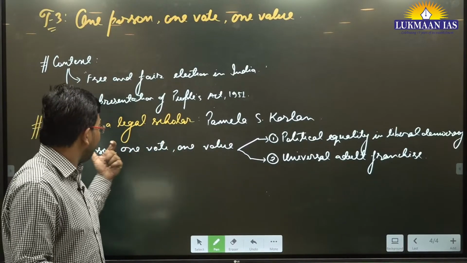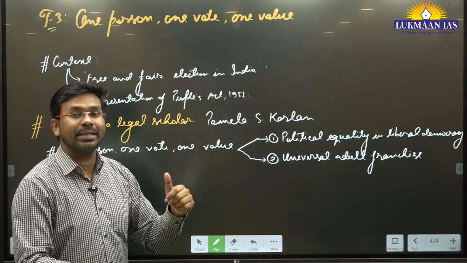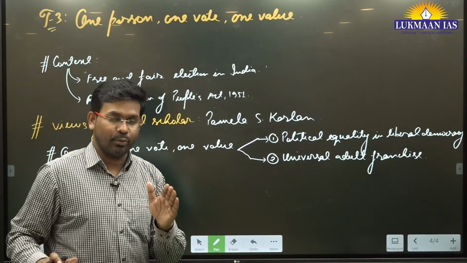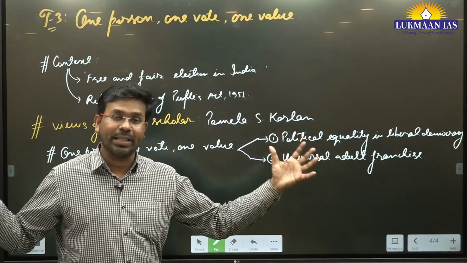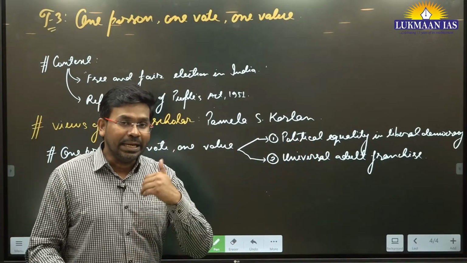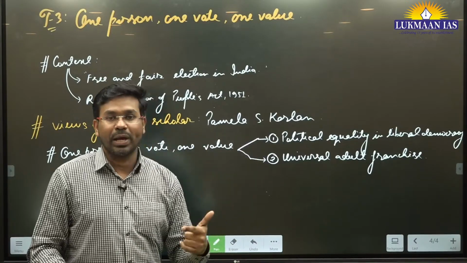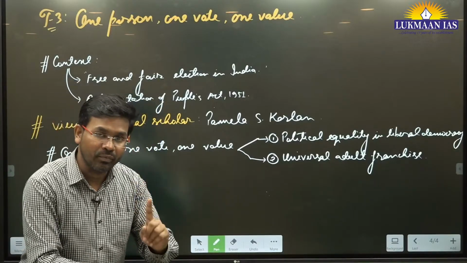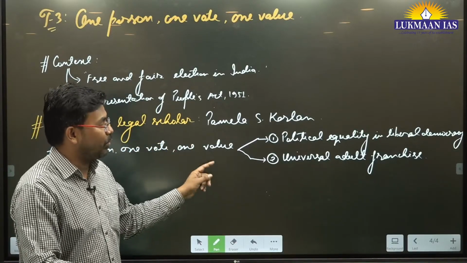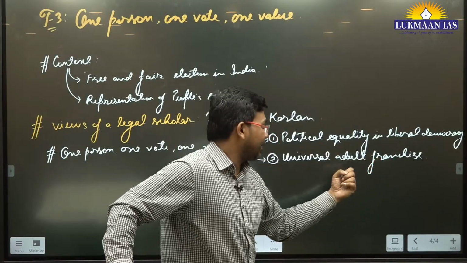One person will be able to give one vote, and his one vote will have one value, no matter how educated that person is, no matter how much wealth that person has, in spite of his sexual orientation. Every person in India has been given one vote and one value. This is according to the principle of universal adult franchise in India.